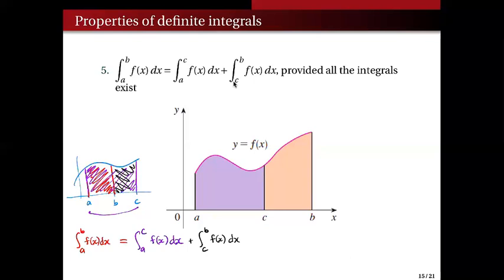Correct? But what is this integral from a to b of f of x dx? It's this red part. To get this from the integral from a up to c, you have to subtract this black region here, correct? So your red region is your left-hand side. The purple region is everything in here. The black region is just from the interval b to c.